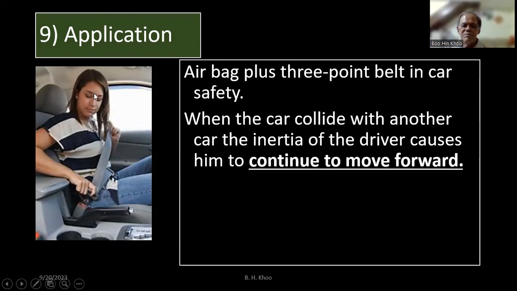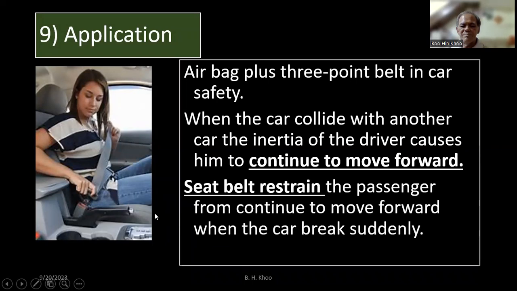The head moves forward because the car stopped in the collision, right? The buttock will keep stationary. That's why the head moves forward. So the seatbelt restrains the passenger from continuing to move forward when the car brakes suddenly.